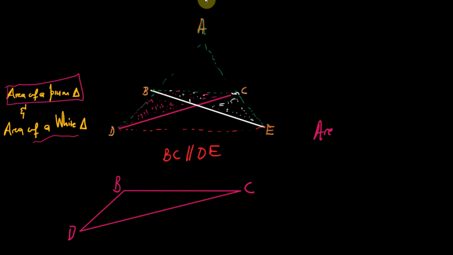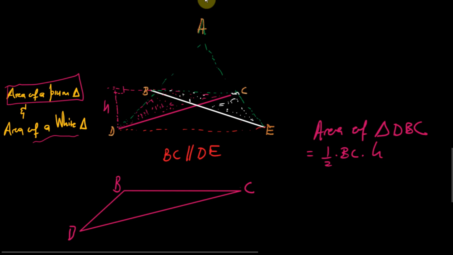So the area of triangle DBC, this is the triangle that I'm talking about. We can just draw a perpendicular height along the base, which is BC. So it is half times the base BC, times the height. We can say that this is just the height h.